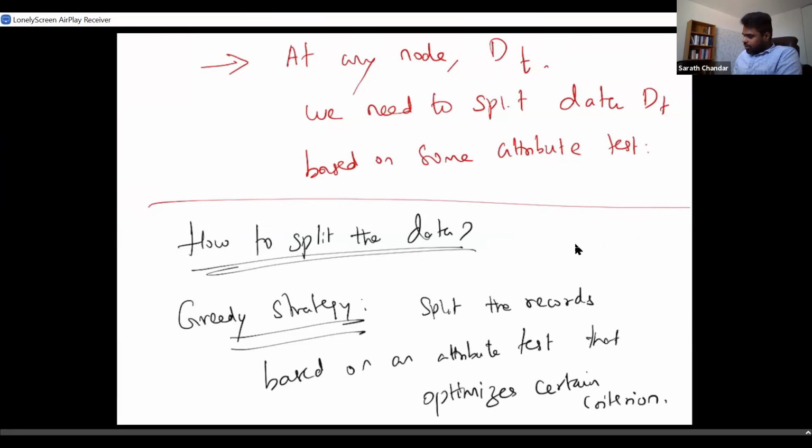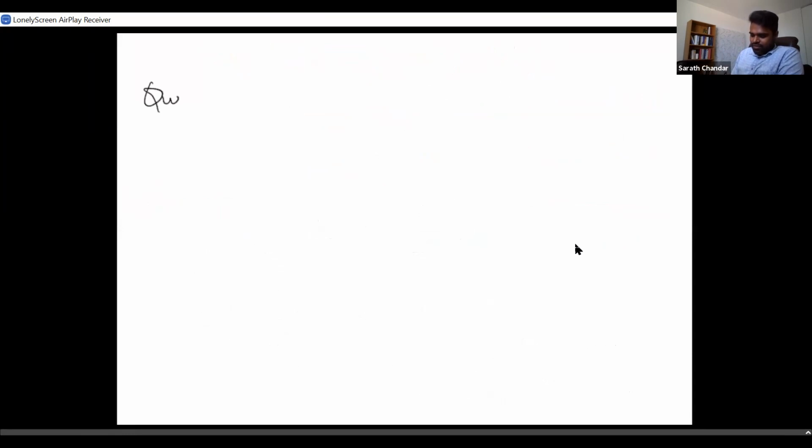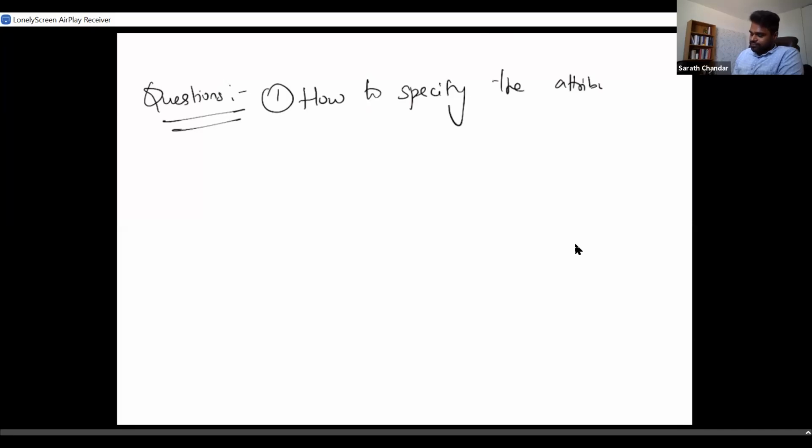So now there are many questions to answer before we come up with a solid algorithm. The first question is how to specify the attribute test condition. Then, how to determine the best split.